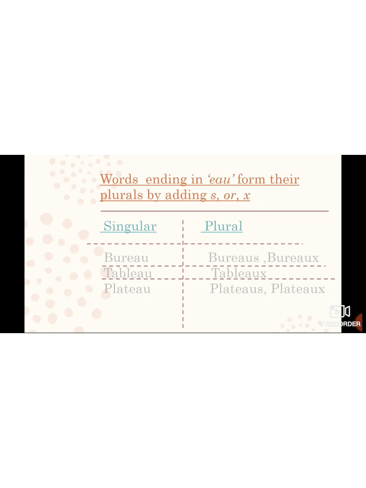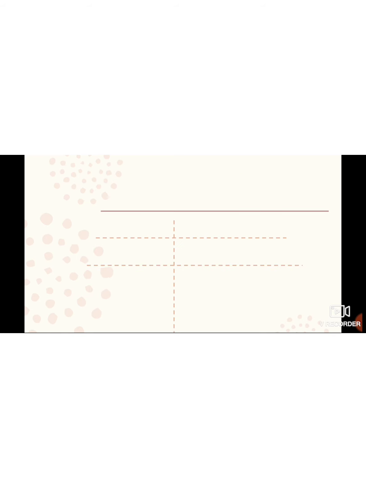Then words ending in -eau form their plurals by adding -s or -x. This is also important. They have two plural forms. For example, bureau, bureaus or bureaux. Tableau, tableaus or tableaux. Plateau, plateaus, plateaux.